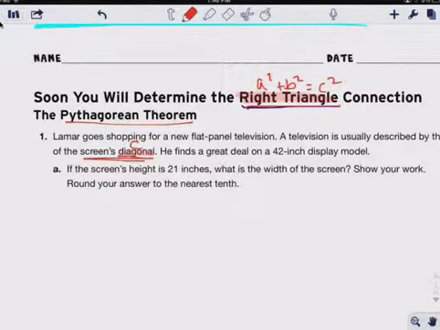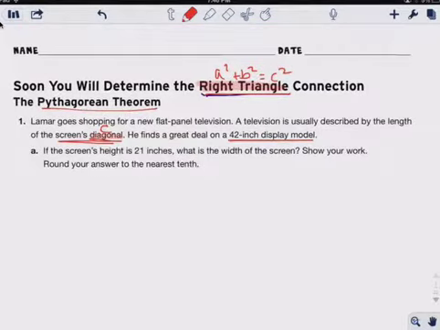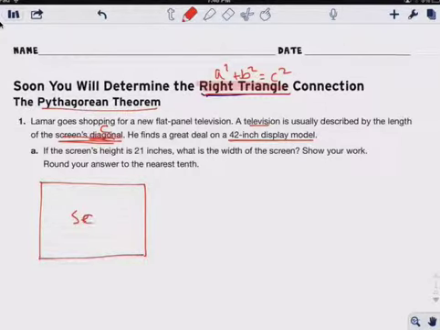He finds a great deal on a 42-inch display model. So a television is normally described by its screen's diagonal. If you have a TV like this that I'm drawing, this is the screen. When you see a 42-inch, 62-inch, or 50-inch TV, it is this length right here, the diagonal.